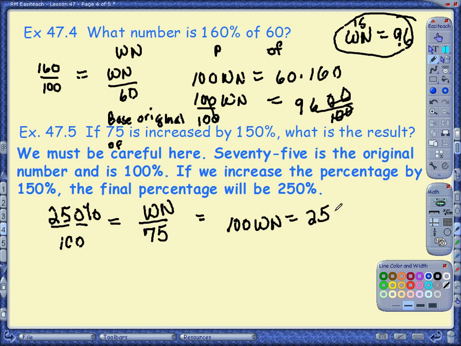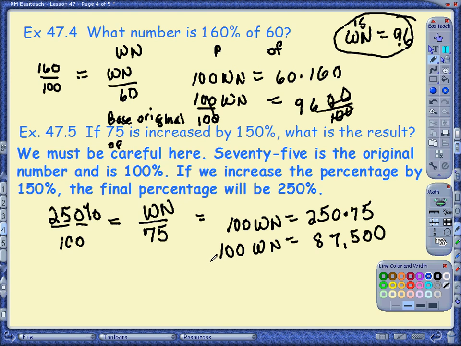250 times 75. You can do that out on your calculator, and you're going to get 18,750.